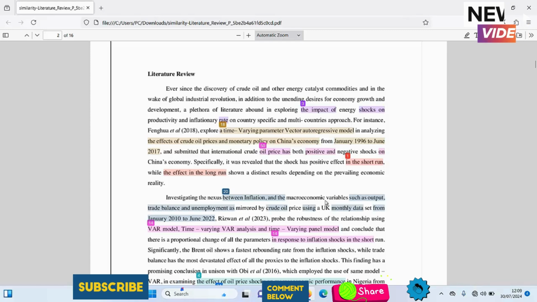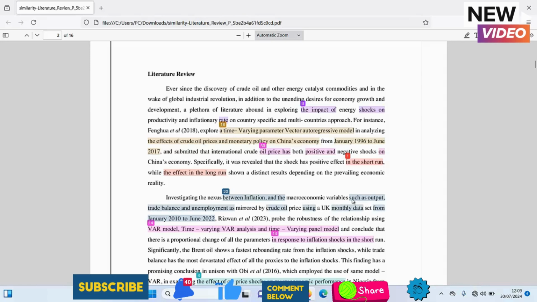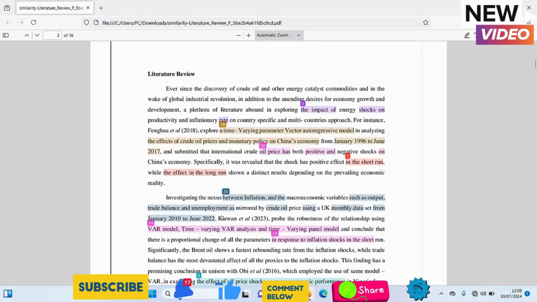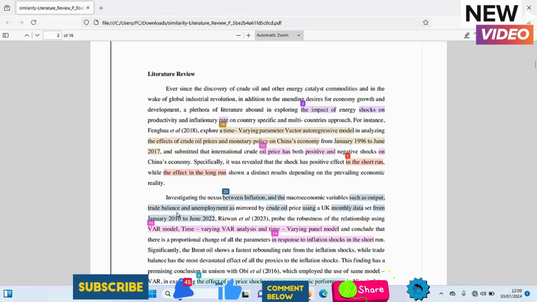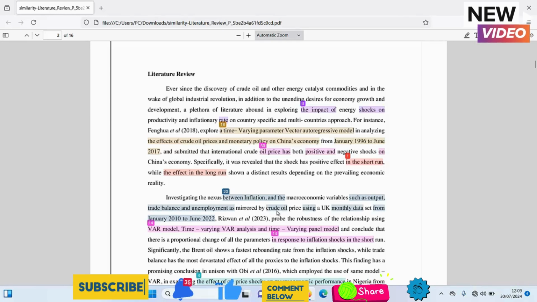Unemployment. So now you can say, investigating the effects of inflation on macroeconomic variables, including gross domestic product, trade, or including unemployment. Take unemployment from the back and bring it here: unemployment, trade balance, and outputs. So instead of using crude oil, you make use of energy price.